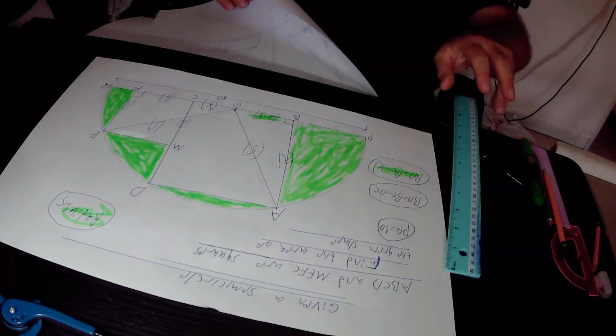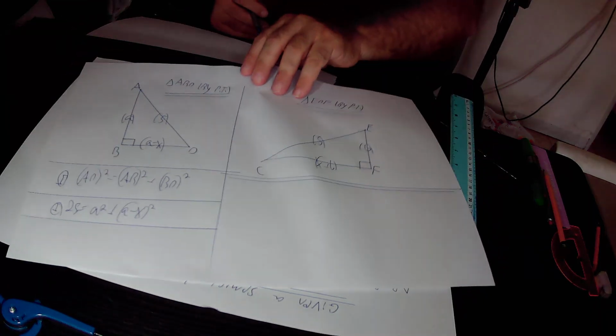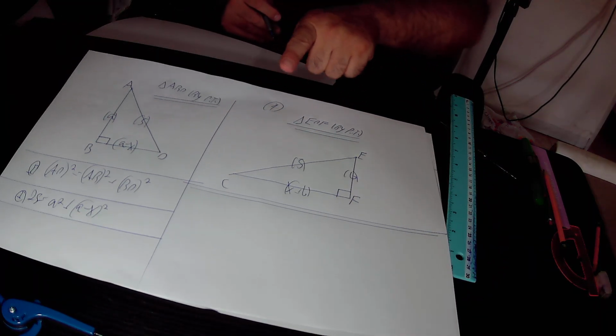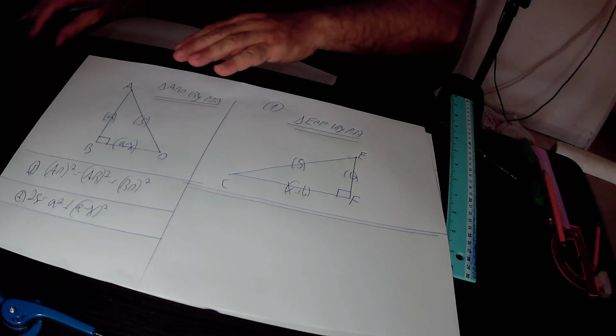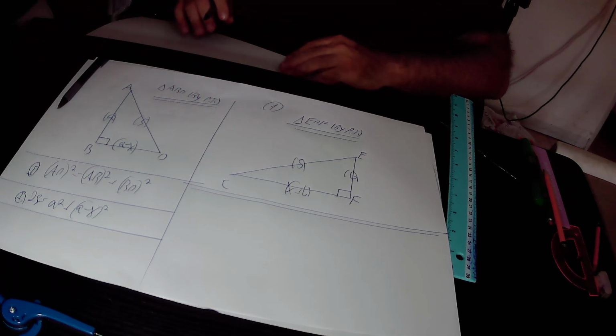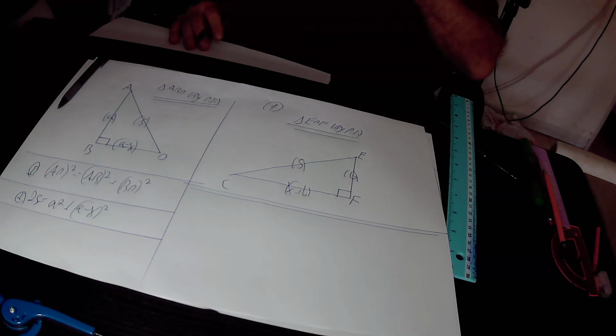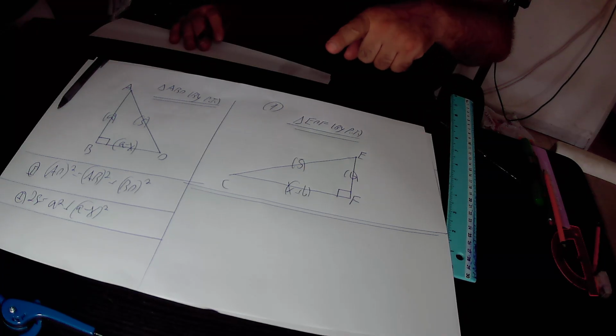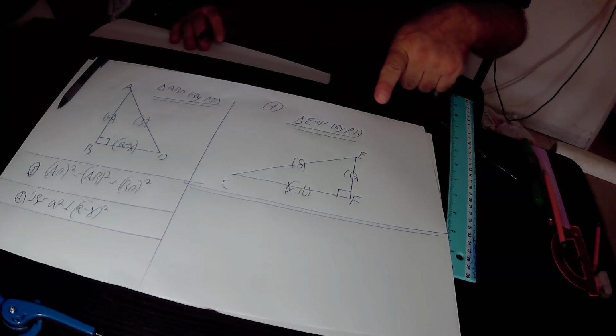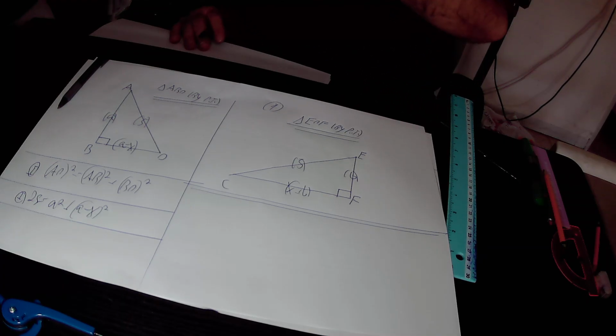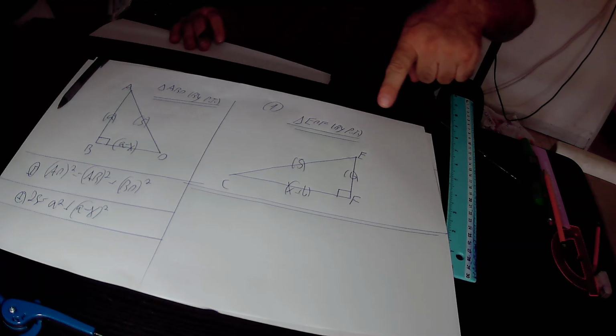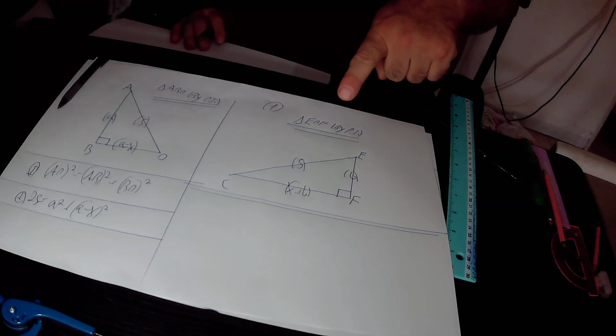So actually, this is the right triangle ECF that comes from the original drawing. According to the Pythagoras theorem, in this triangle ECF, CE squared, the square of the hypotenuse, equals EF squared plus FC squared.